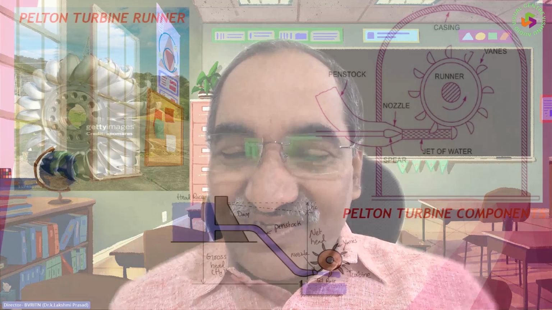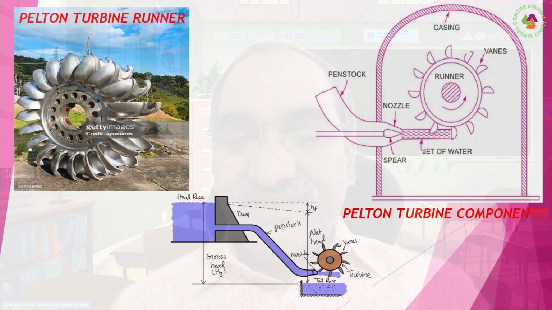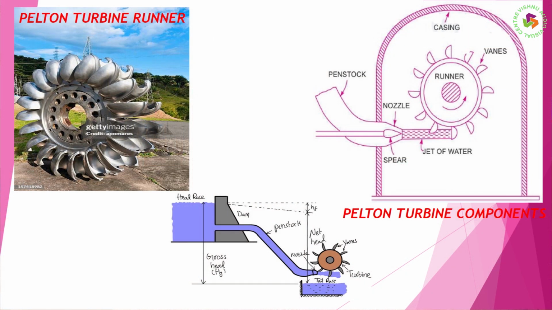This mechanical energy is supplied to the generator, and the generator converts the mechanical energy into electrical energy, and that electrical energy is called hydroelectric power.